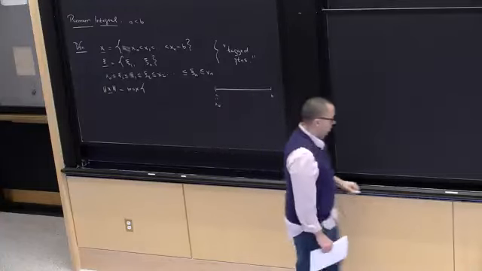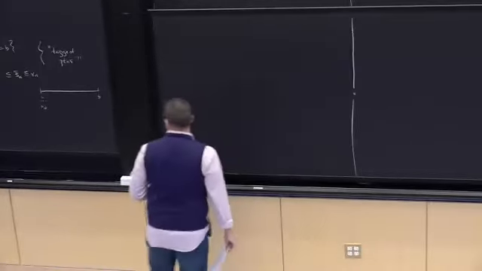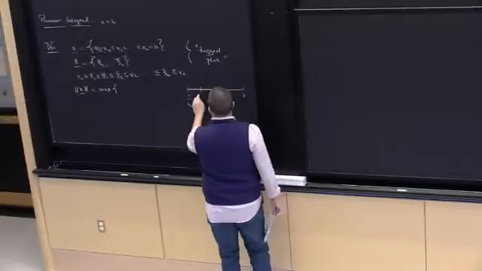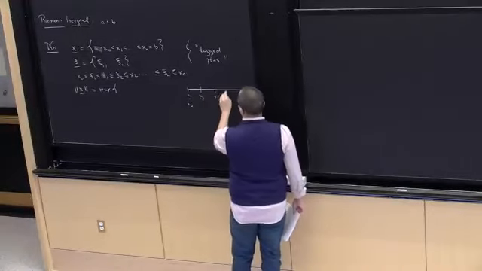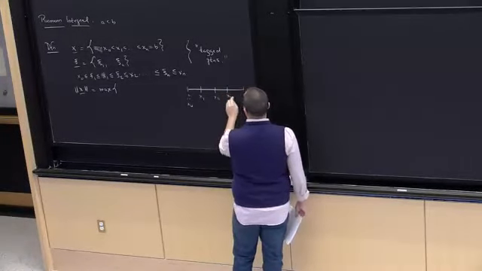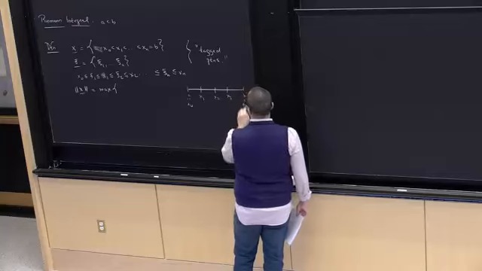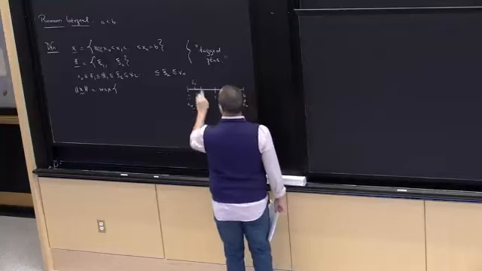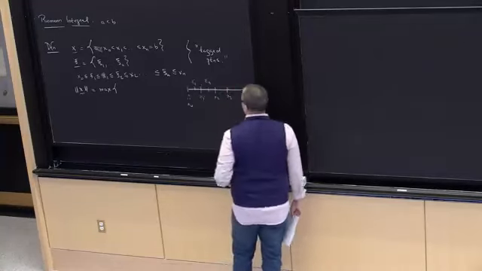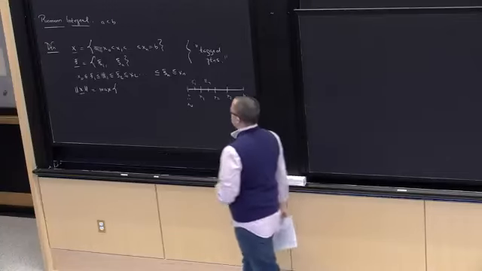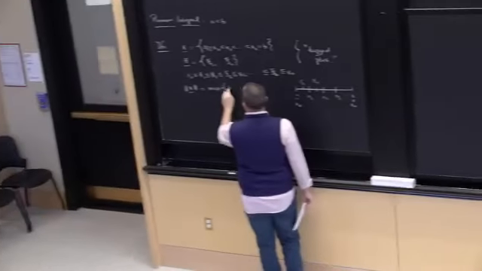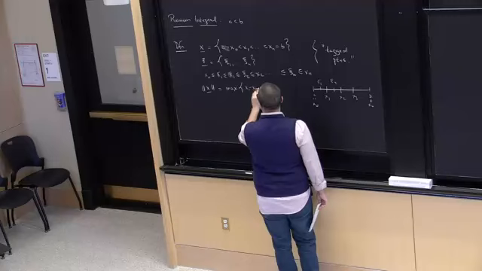I gotta get a different piece of chalk. This one is going psychedelic on me. And then the c_j are just points chosen in these smaller subintervals. The norm of a partition is the length of the largest subinterval.